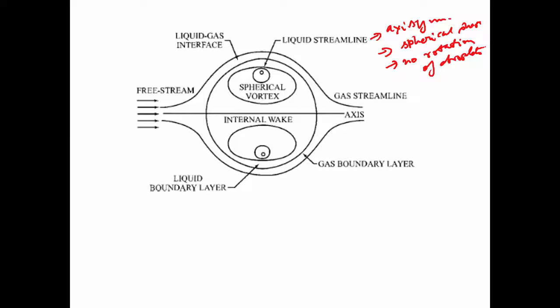So, based on these assumptions we can see some of the interesting regions that we believe are going to happen in the flow field. This is the outer flow field, this is the free stream that you can see. This is basically the gas-liquid interface. This is what is happening in the interior of the droplet, the liquid streamline.